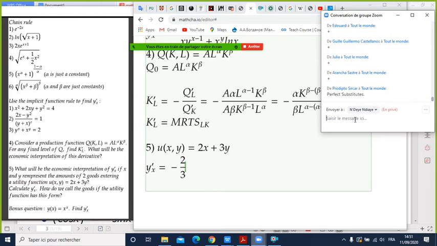I'm going to talk about that right now. So first of all, the economic interpretation of y prime x will be the MRS, the marginal rate of substitution of y by x. So the way we should understand it is how many units of y we can give up if we add 1 unit of x to stay at the same utility level.